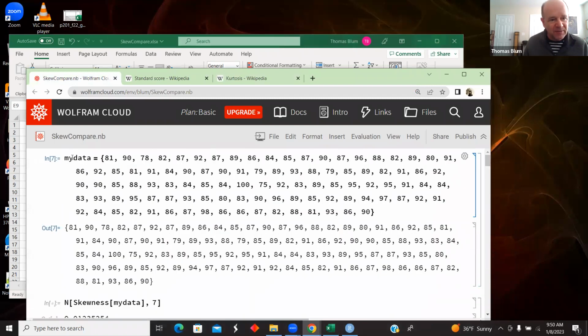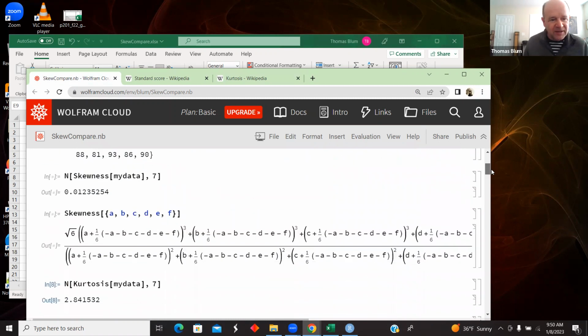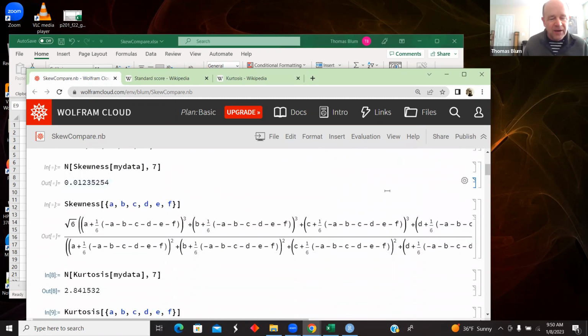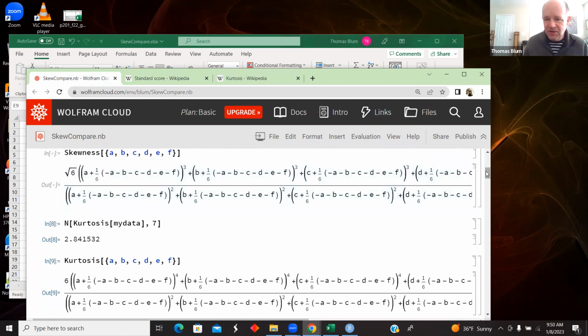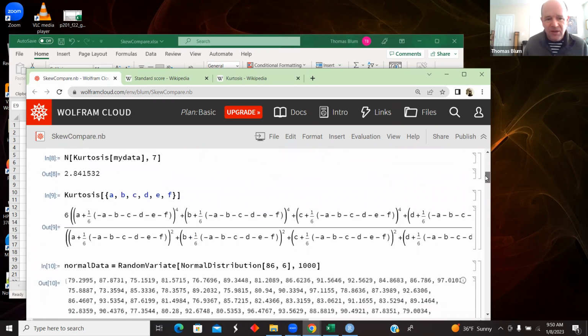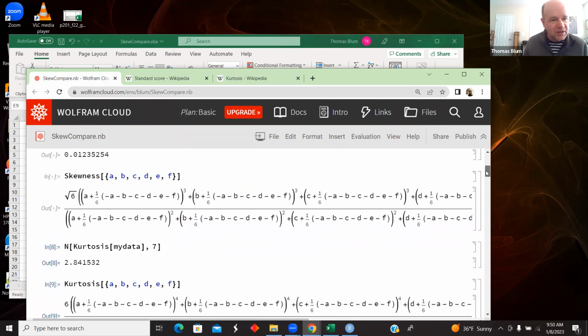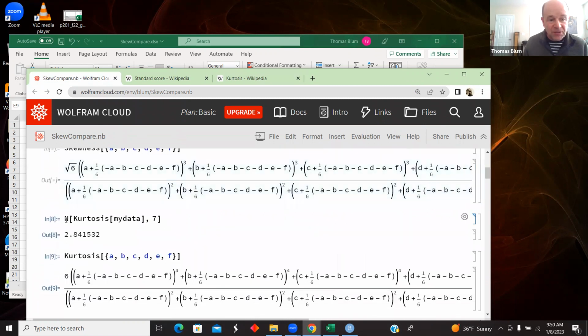So again, here's the same data. I called it my data here. That's the same data I had in Excel, and that's the skewness. I was doing that in a previous thing, but here is the kurtosis.